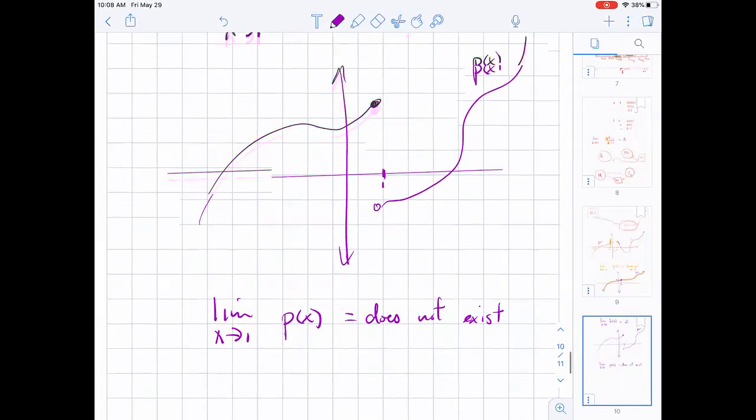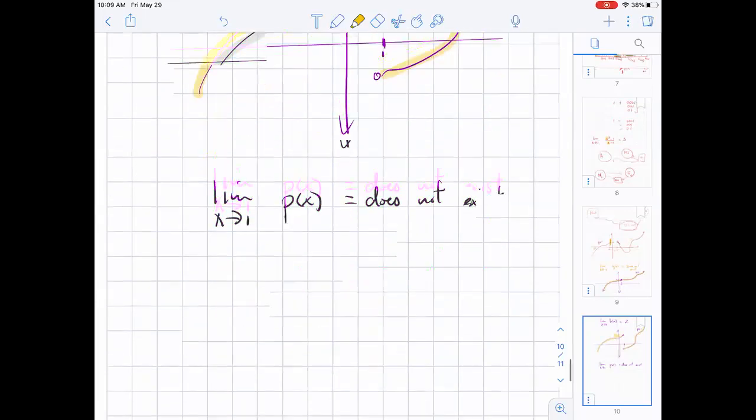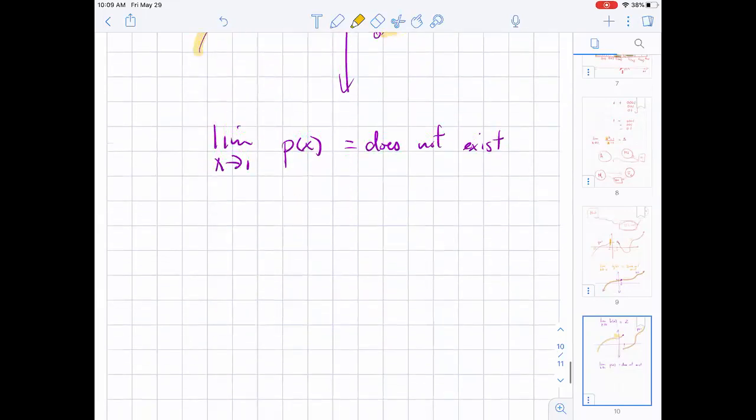Why? Because when I travel on this side, I'm at a height here. I don't care what that value is. Let's say 2. When you travel on this side, you're at some negative value. We're not at the same value, are we? No. So the limit doesn't exist, but is P of 1 defined?